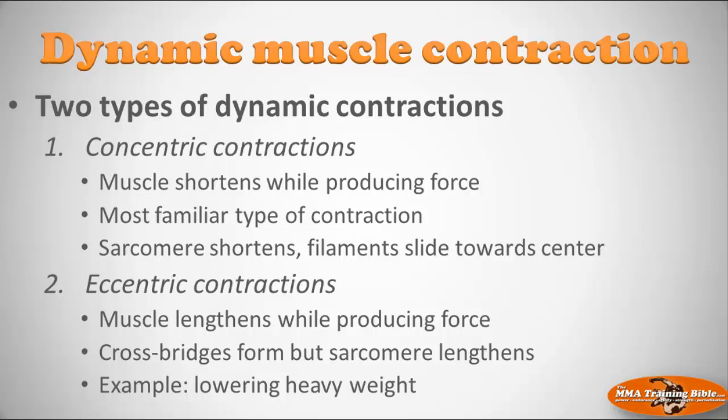If you think back to previous videos when we talked about the sarcomere or the myofilaments, ultimately what's happening is your whole sarcomere is shortening. It's getting smaller and a little bit fatter because the muscle itself is shortening. Let's go back to that arm bar example. For a concentric contraction, picture yourself lying on your back, someone's on top of you trying to stretch out your arm, and your arm is bent.